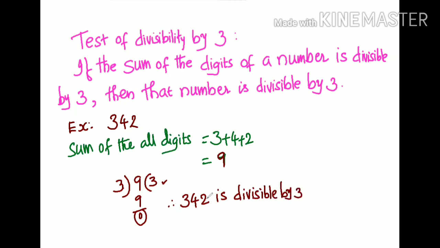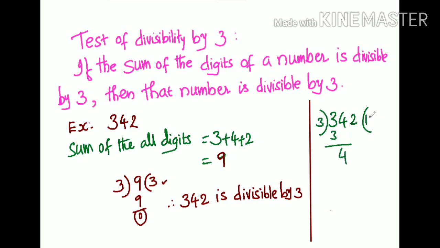Let us verify whether it is divisible by 3 or not by long division method. Let us take long division method. 342 by 3. 3 1s are 3.